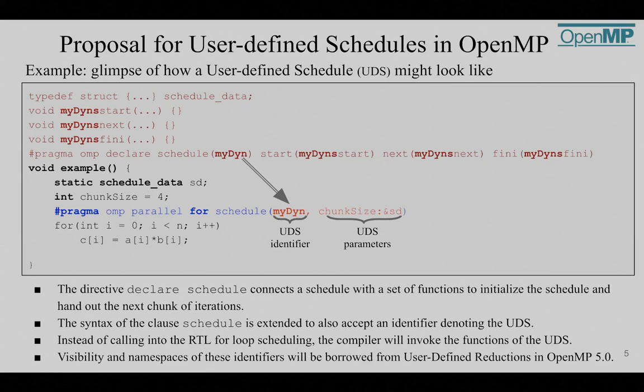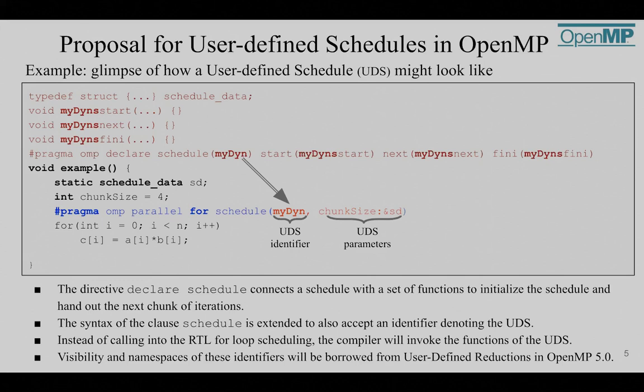Here the user called it myDyn, and then they associate three functions: basically an onQueue function, a dequeuing function, and an end function, an affinity function. The onQueuing is really the start function, the dequeue is next, and the end is fini.